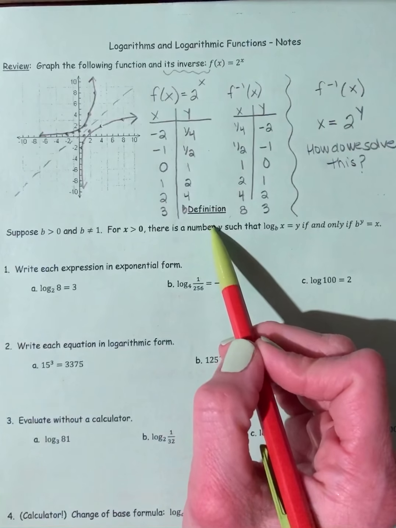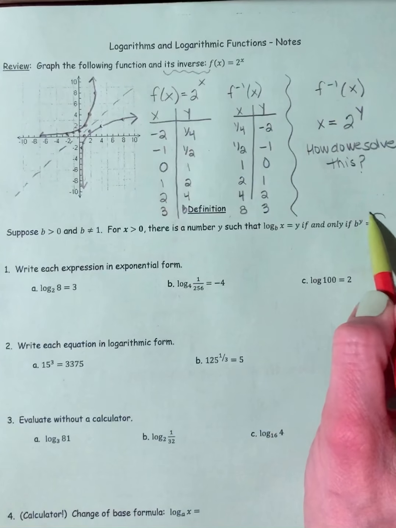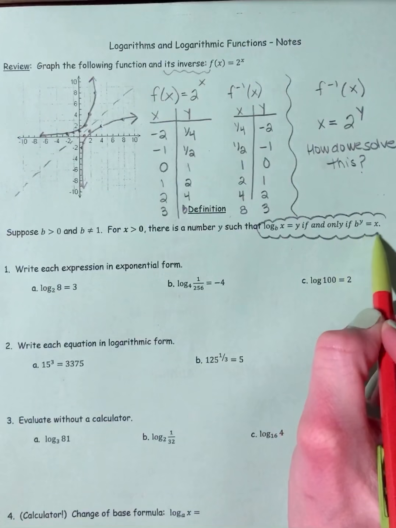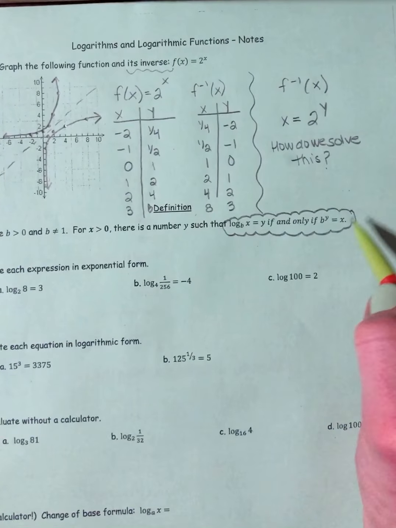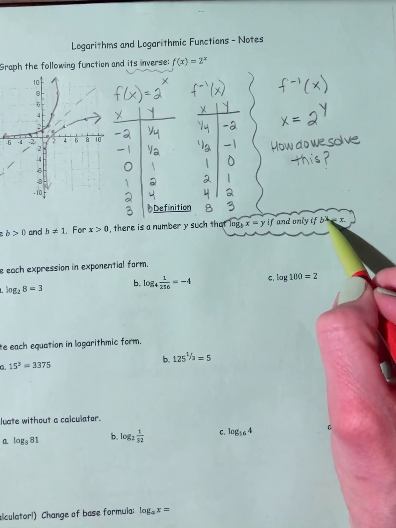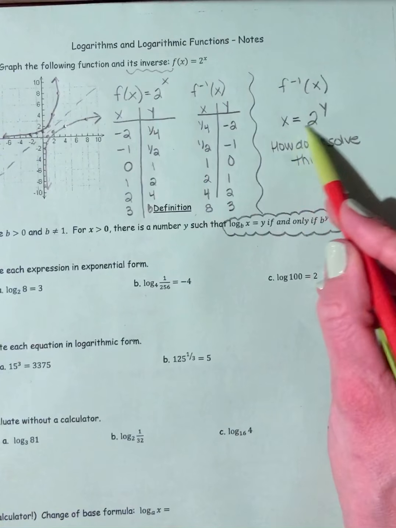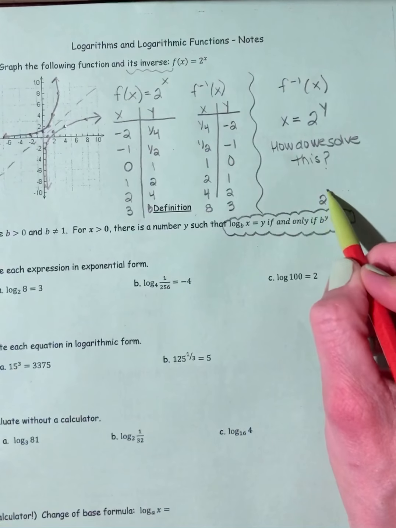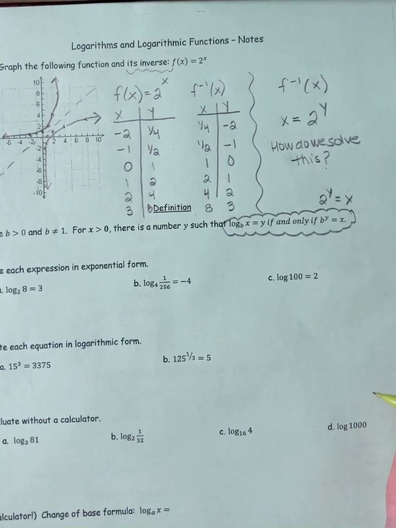Okay, I have the definition of a logarithm down here. So this is the important part right now. This says here that if I had b to the y equals x, which is what I have up here, I switch these around and I have 2 to the y equals x. Now remember, that's my inverse function.